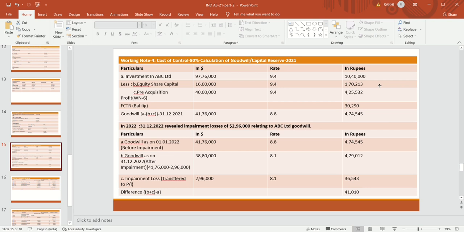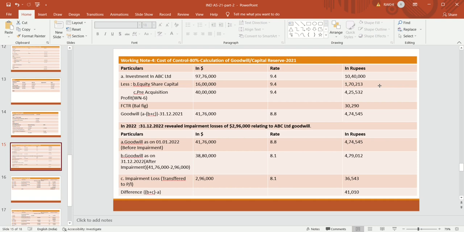This balance is as on 31st December 2021. The goodwill which we will recognize is at the date of acquisition. The balance is carried to the next year, but FCTR we will calculate at the end of the year.